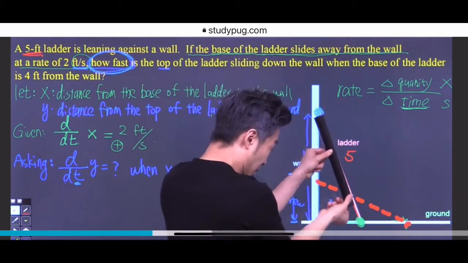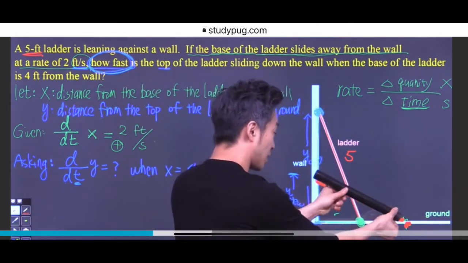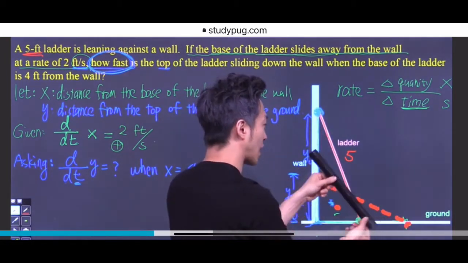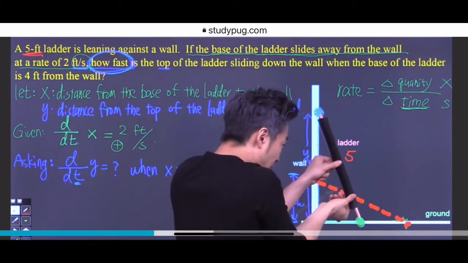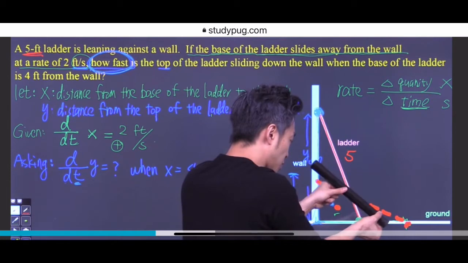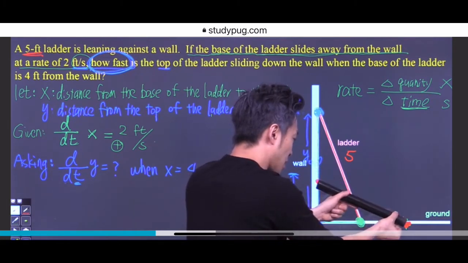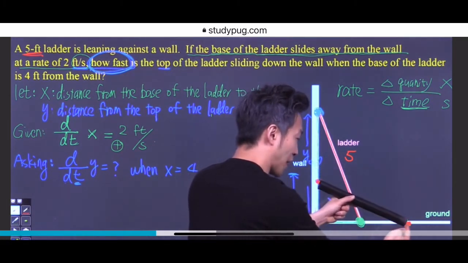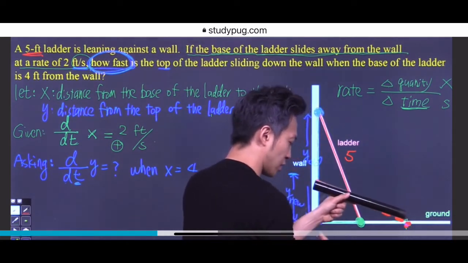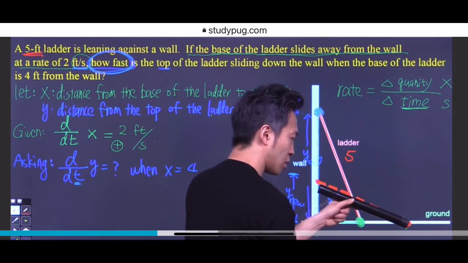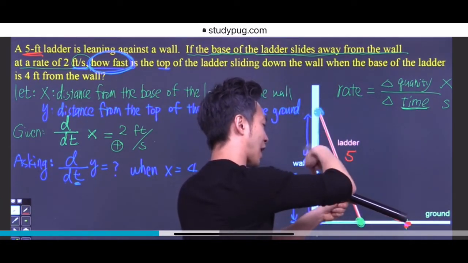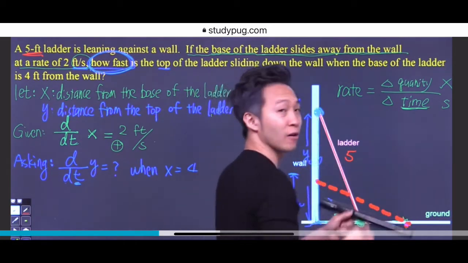Now, as the base slides away, the top of the ladder slides down. So now the question asks us, as the base slides away at a rate of 2 feet per second, and the moment when the base reaches a distance of 4 feet from the wall, how fast is the top of the ladder sliding down?